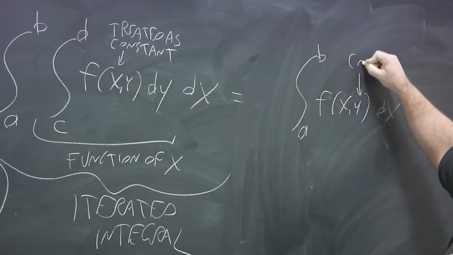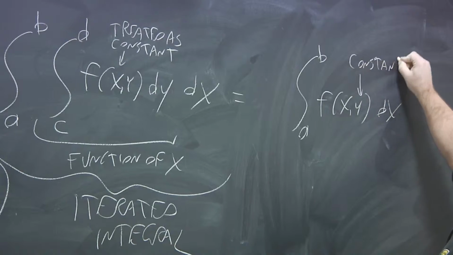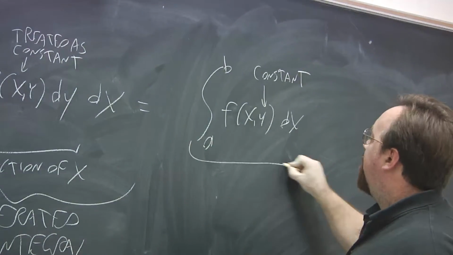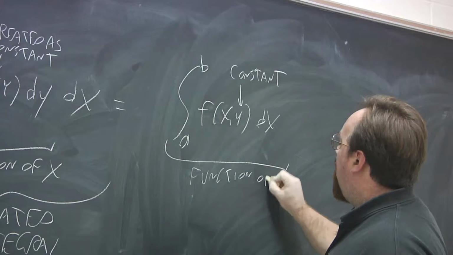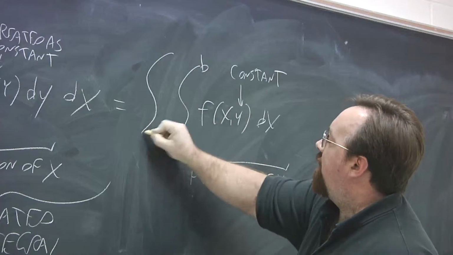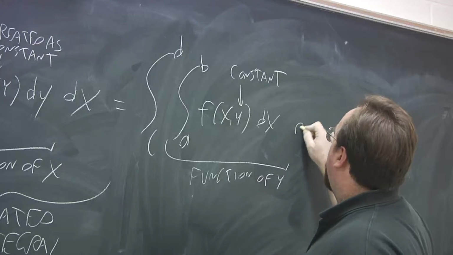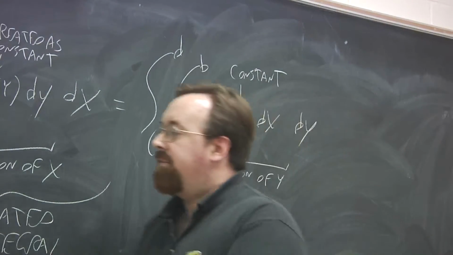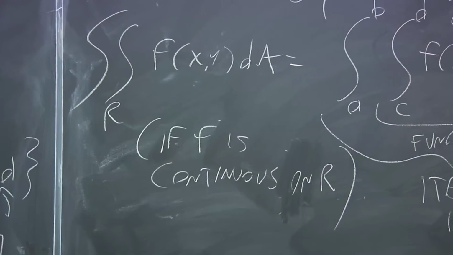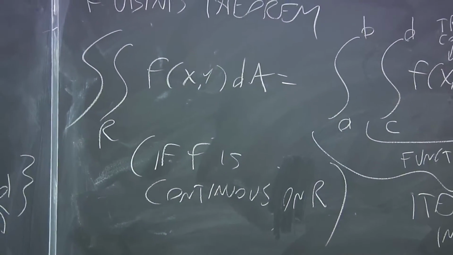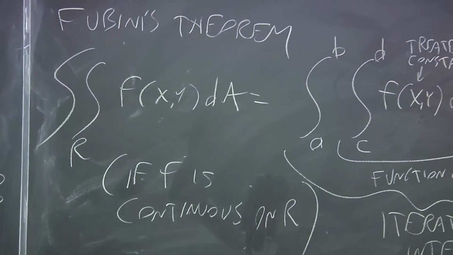So now y is treated as if it were a constant. The result of this whole thing is now a function of y, which you now integrate from c to d. So as long as you have continuity of f on the rectangle, the order doesn't matter.